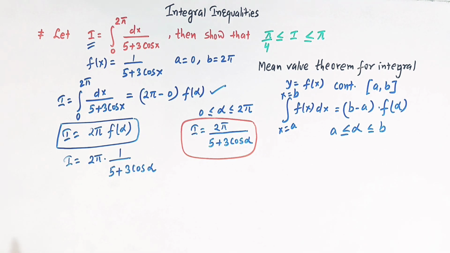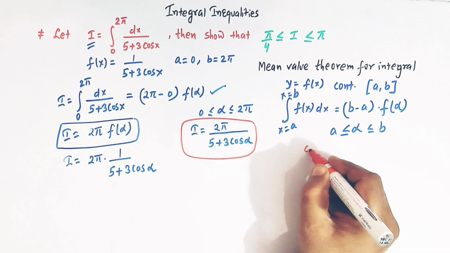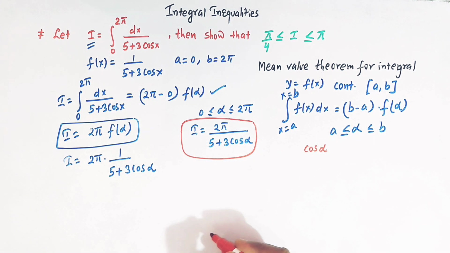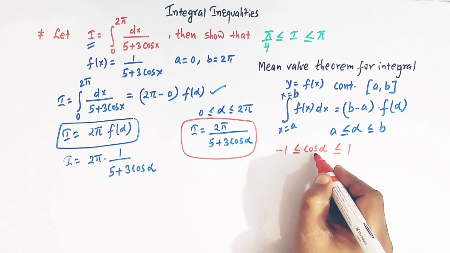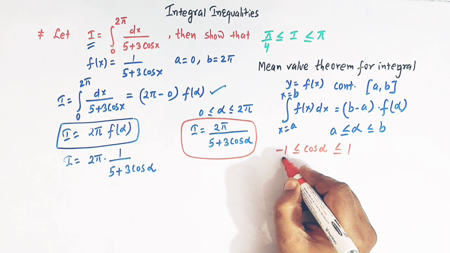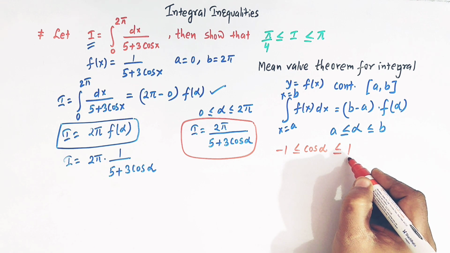Now let us make use of some trigonometry here. We know that the value of cosine of alpha lies between minus 1 and 1. That is, the minimum value of cos alpha is minus 1, and the maximum value of cos alpha is 1, right?